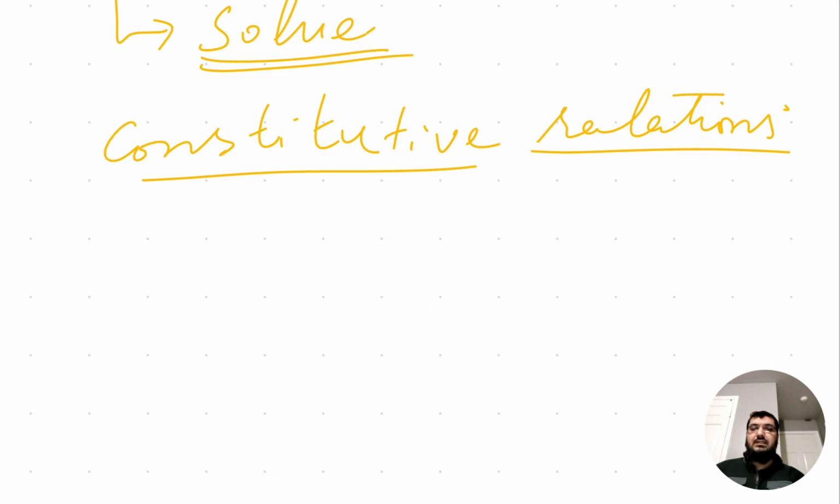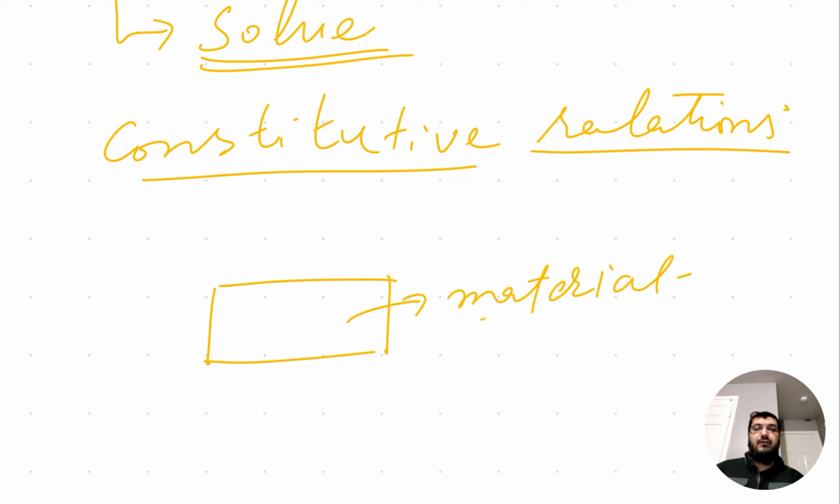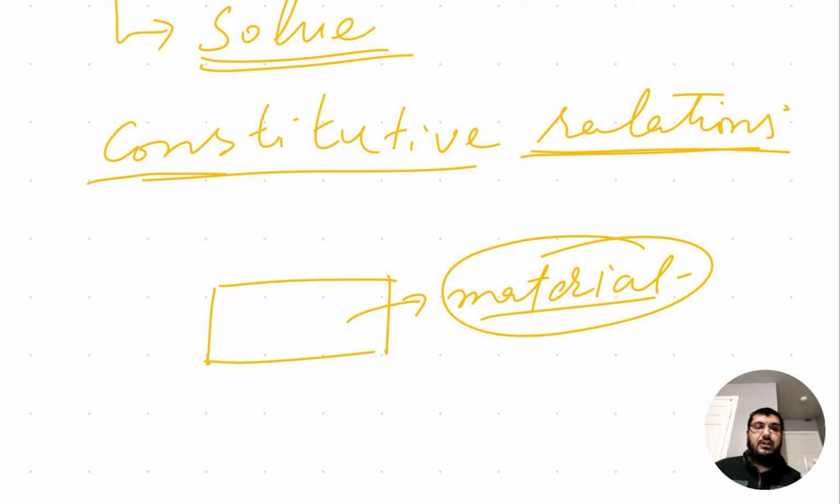So constitutive relation is basically differentiating a material. At this stage when I formulate my constitutive relation, then I will say my material is copper, my material is fluid, my material is viscoelastic, whatever. So for formulating the constitutive relations, I would specify the particular type of material, and I will analyze this loading and formulate my constitutive relations.